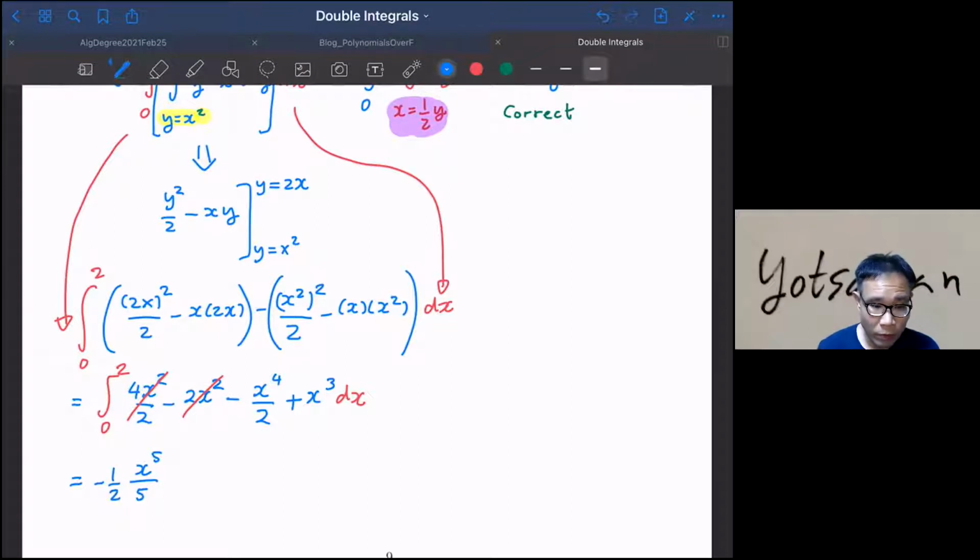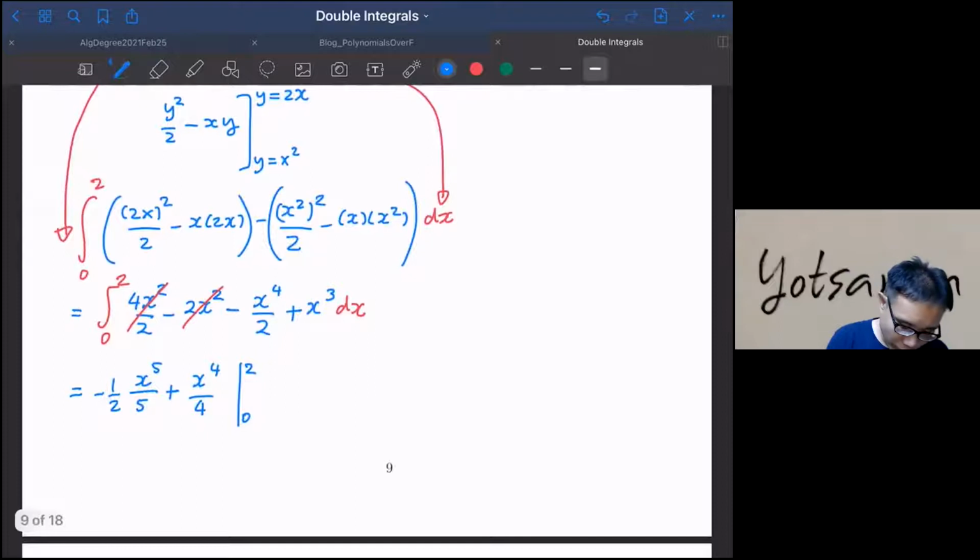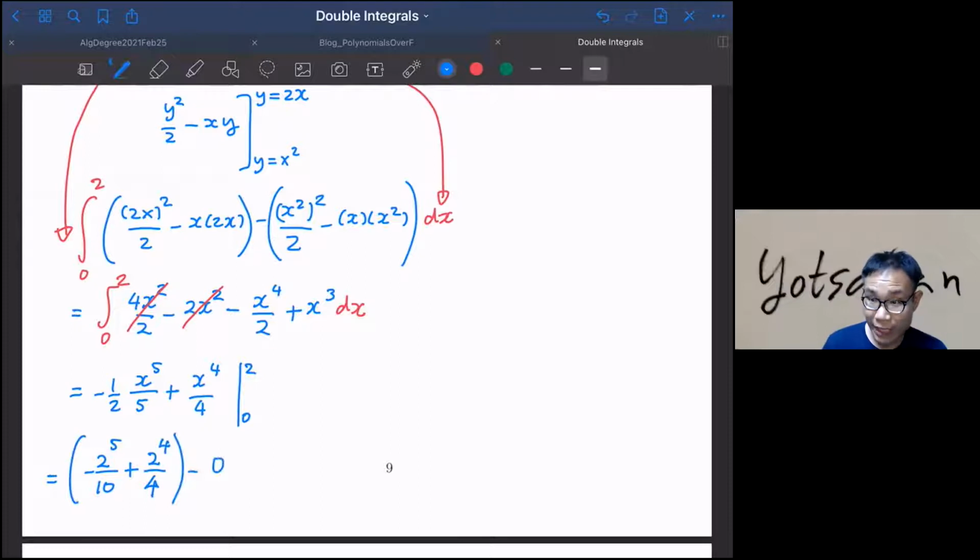So you have x to the 5 over 5 and x to the 4 over 4, from 0 to 2. This turns out to be negative 2 to the 5th over 10, plus 2 to the 4th over 4, when x equals 2, subtracted by x equal to 0, which gives 0.